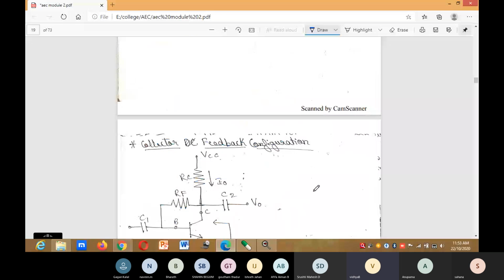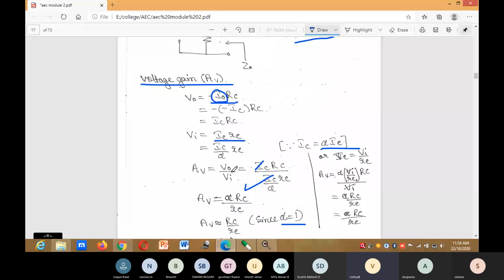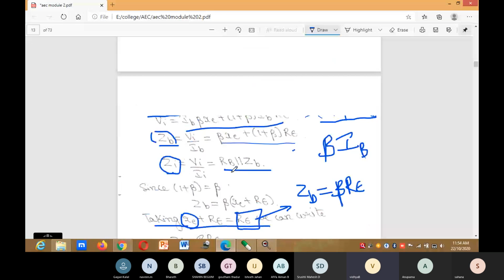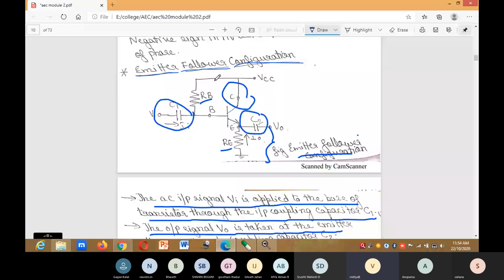Okay, this is for today. We shall end the class. First, you need to concentrate on the first diagram, the emitter follower configuration. Next, you need to make VCC zero and the capacitors short circuit.